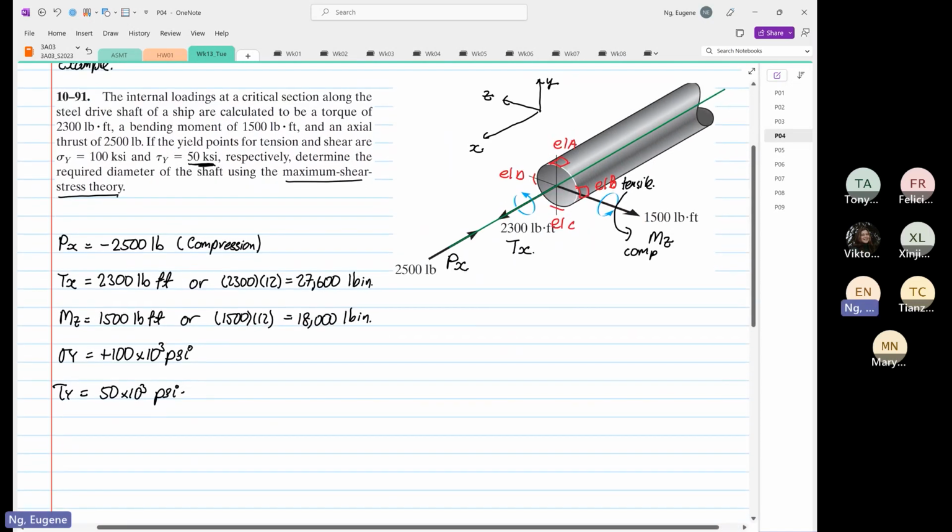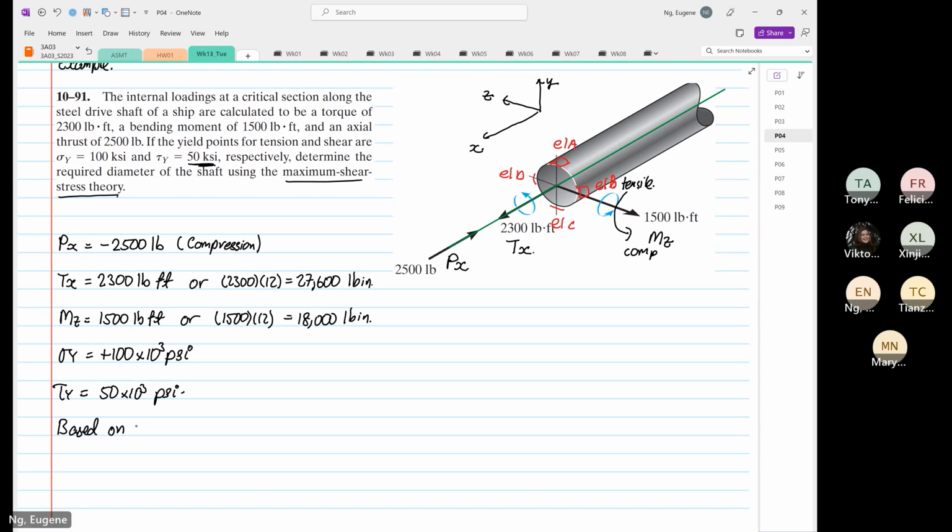So based on the Tresca criteria, the stress in compression is also equal to minus 100 times 10 to the power 3 psi.